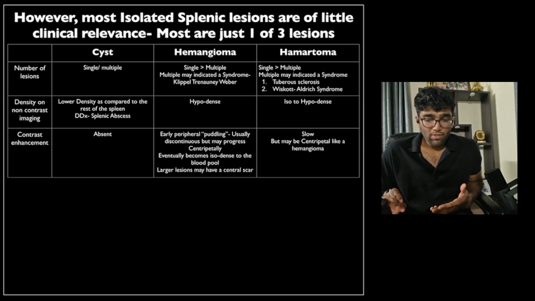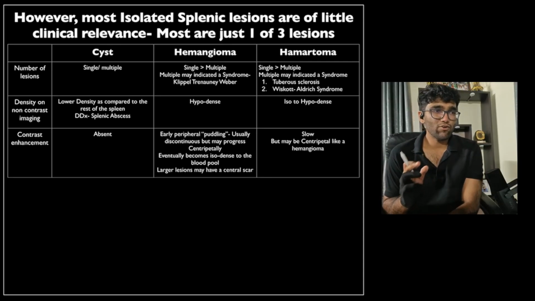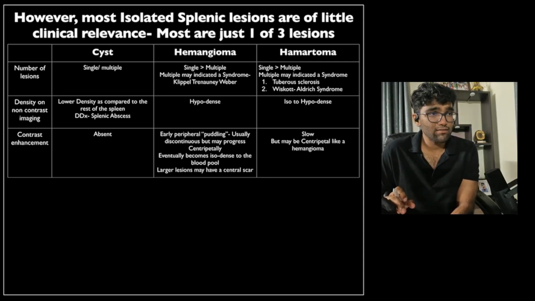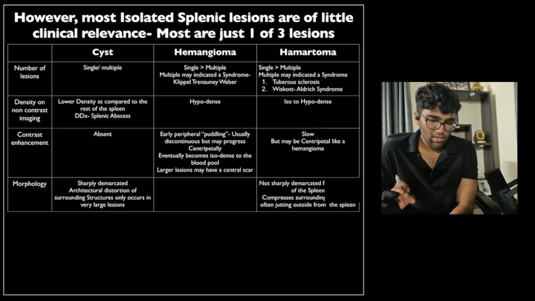Then we have hematomas, which essentially enhance slowly. They may show peripheral to centripetal enhancement, and therefore they can mimic hemangiomas, but again the rate of filling is actually quite slow. Then we have morphology. Cysts are typically very sharply demarcated lesions. They don't cause much architectural distortion unless the lesions are very large in size.